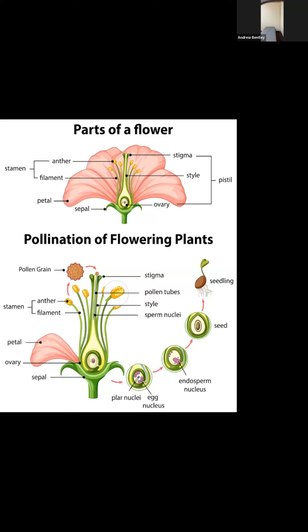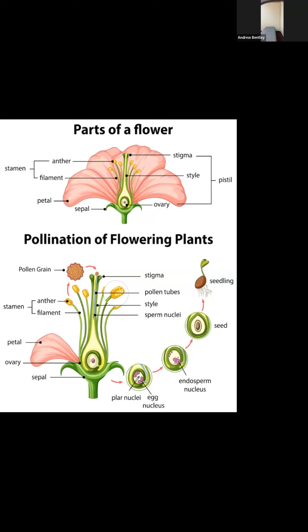So the stigma is the place where the pollen attaches. Usually it's kind of wet. It's got some fluid on it that helps to catch the pollen and conduct it down to the ovary, which develops into the fruit.